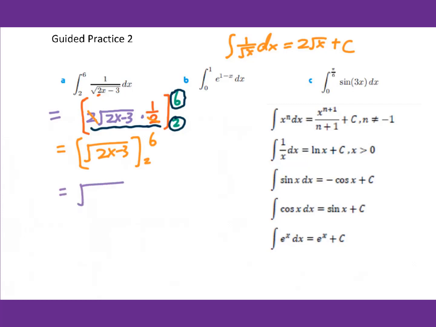So square root of 2 times 6 minus 3 minus square root of 2 times 2 minus 3. So you get 12 minus 3, that's 9. Square root of 9 is 3, minus 1, that equals 2.